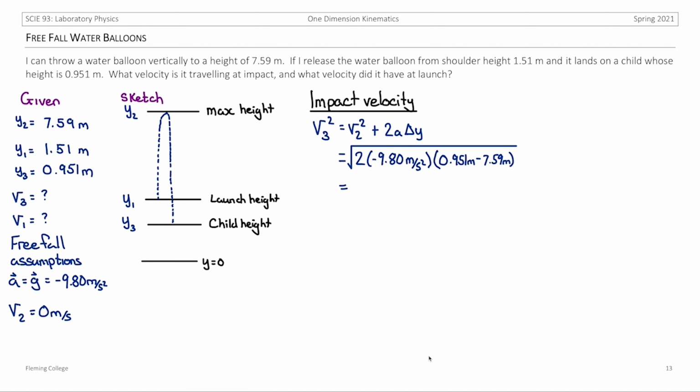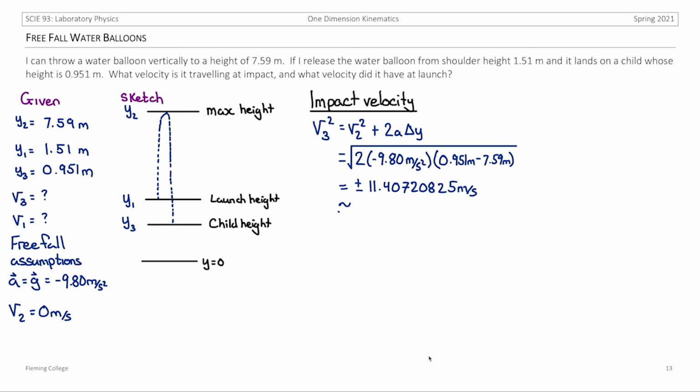So when we take the square root, our possible answers is that we could have plus or minus 11.4072 meters per second. Remember, a square root is telling us what value multiplied against itself would give us this result. And in that case, both the positive and negative values could answer the question.